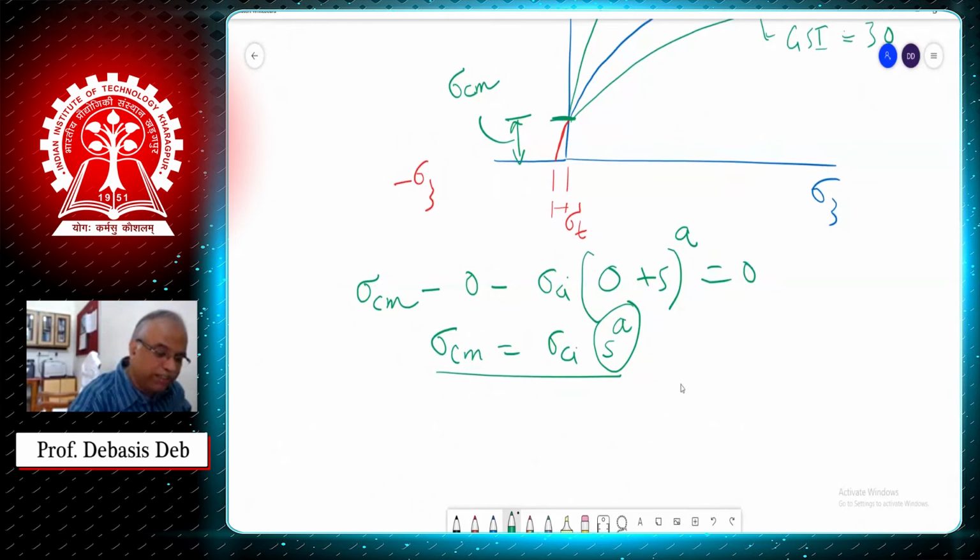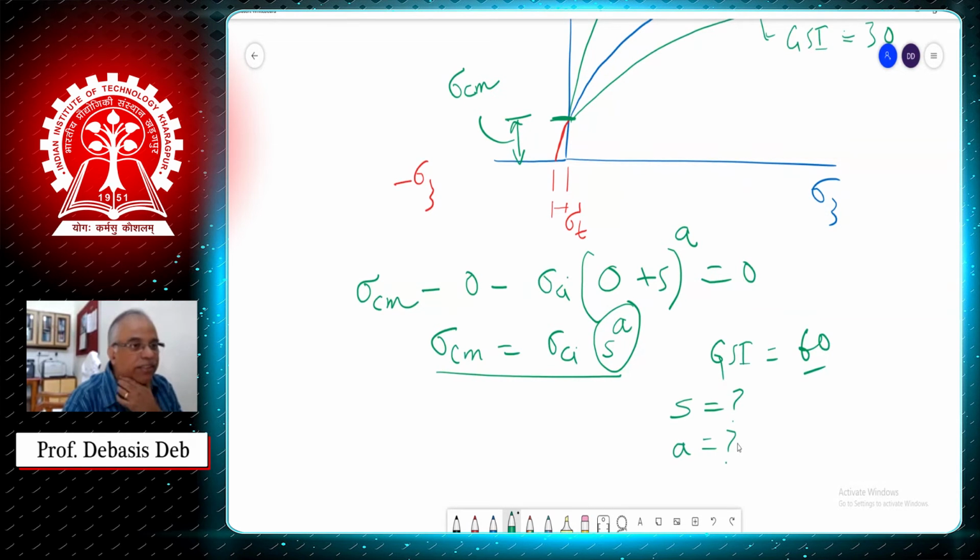It's a very easy calculation. GSI is equal to, let's say, 60. If GSI is 60, what is the value of S and what is the value of A? Assume D equals 0. If you assume D equals 0, can anybody tell me what is the value of S and the value of A? Very quickly.